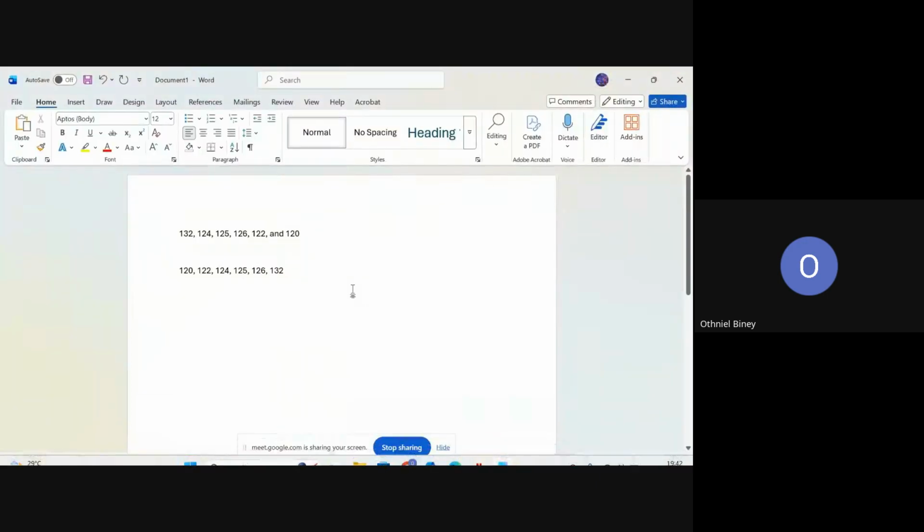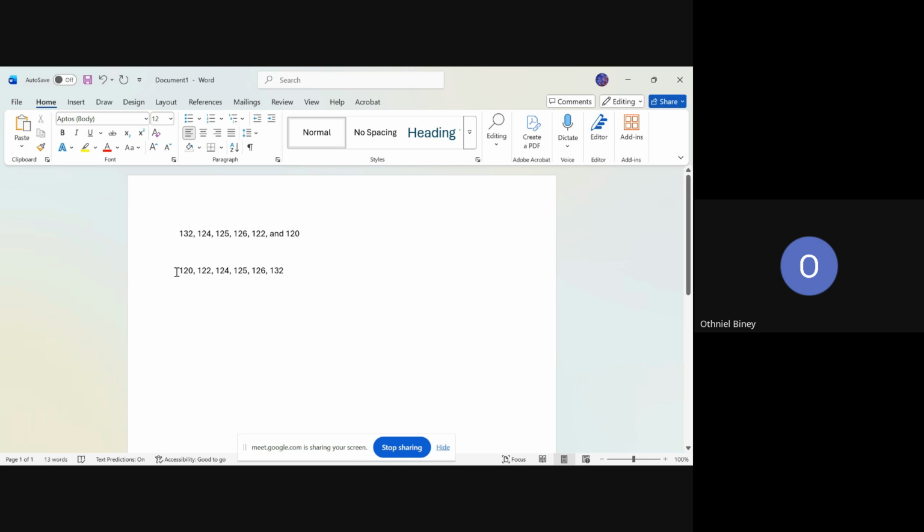So 120, 122. What we have to look out for, as I said from the onset, is that to the human brain, if you are talking about precision and accuracy, we know it's about how close numbers are to each other.